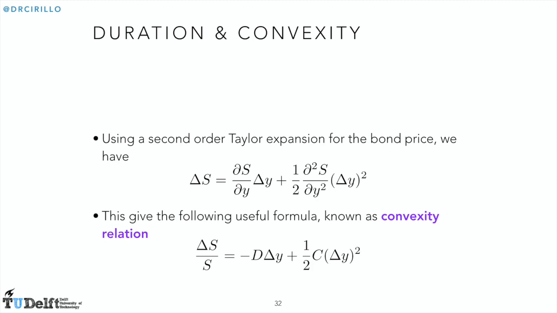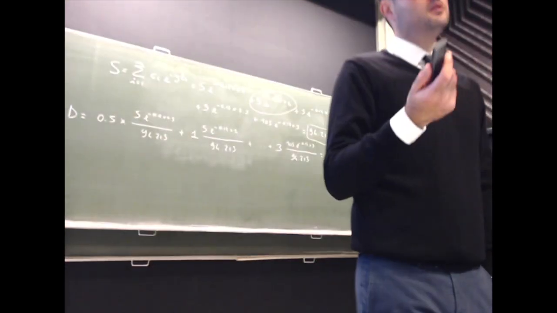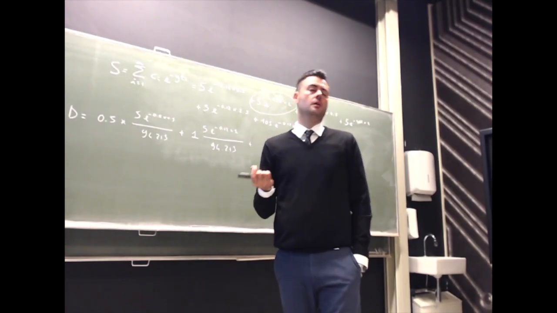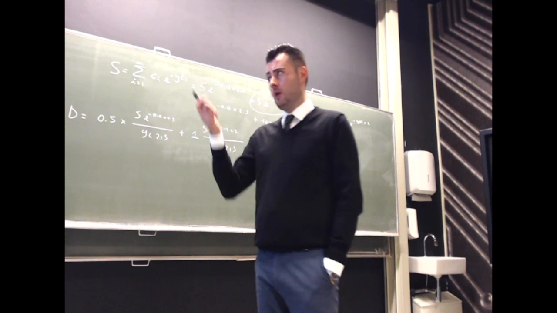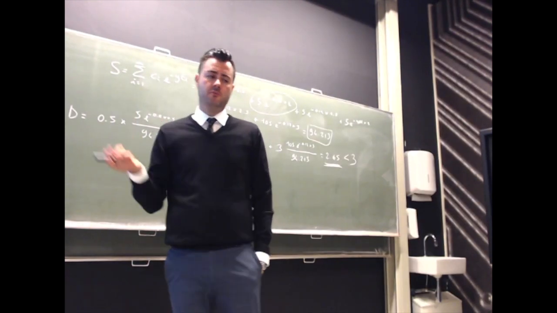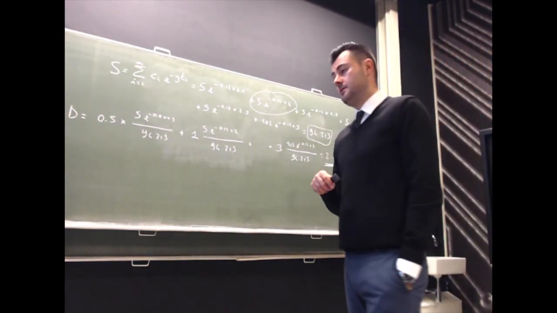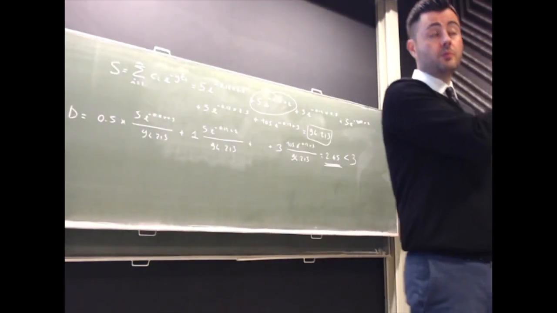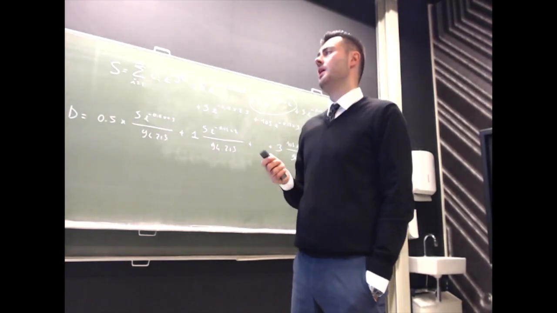Now, is it useful to use convexity? Yes, no, it depends. If the change in the yield is very small, as with delta, the linear approximation works. So the duration approximation is more than sufficient. In our example before, we had a yield of 12% and a change of 10 basis points. But if the change in the yield is bigger, as if the change in the prices were bigger when we were using gamma, then we have to introduce convexity.